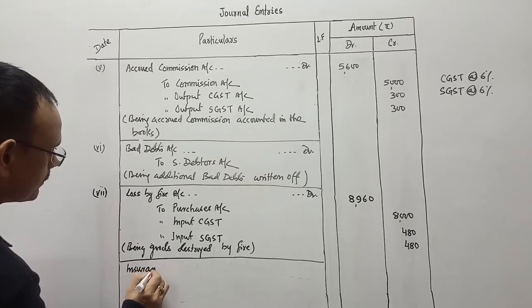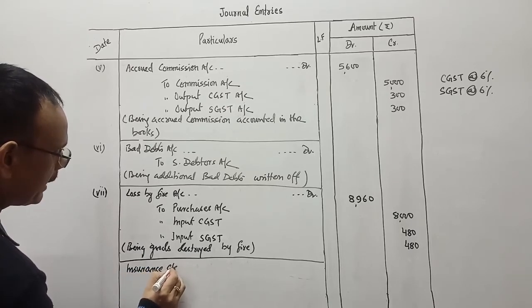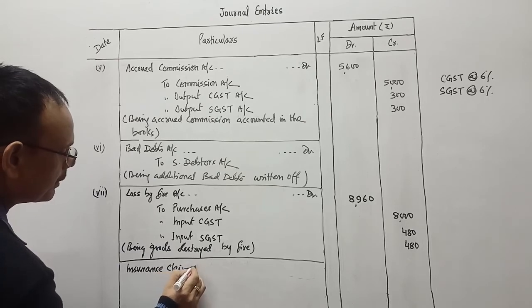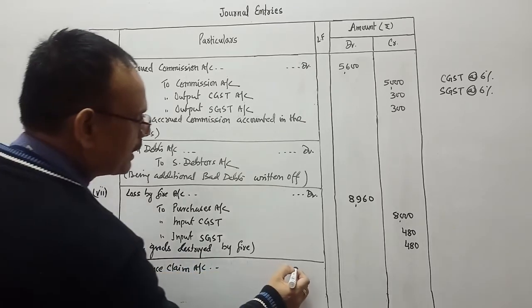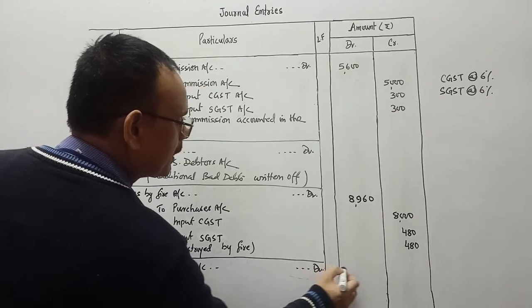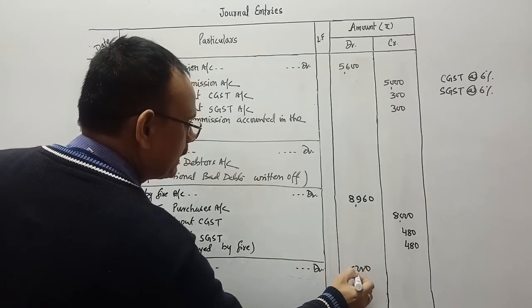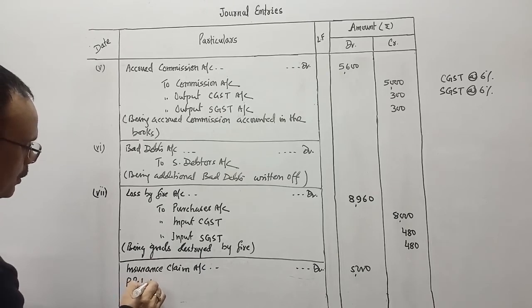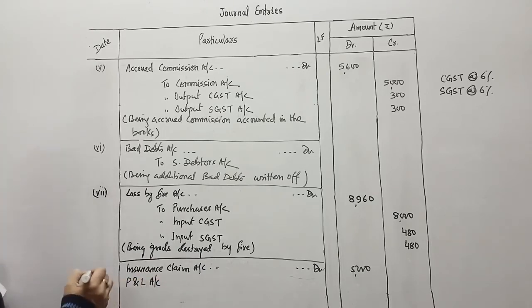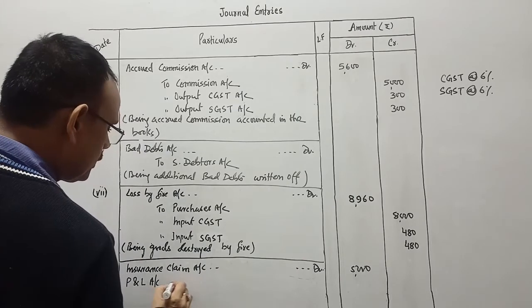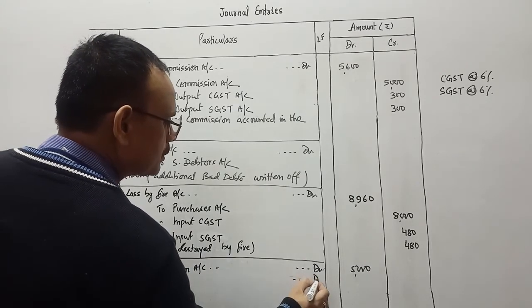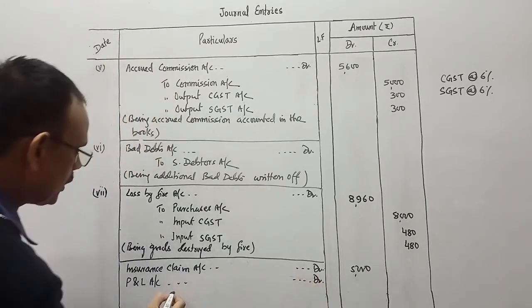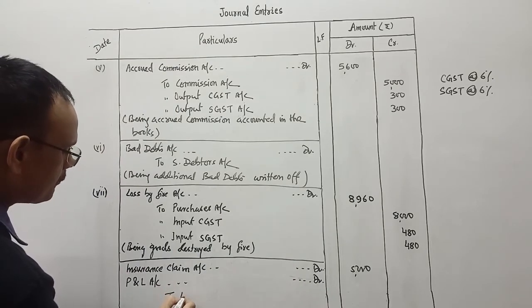Insurance claim is only 5,000, so the rest will be transferred to profit and loss account. Profit and loss account to loss by fire.